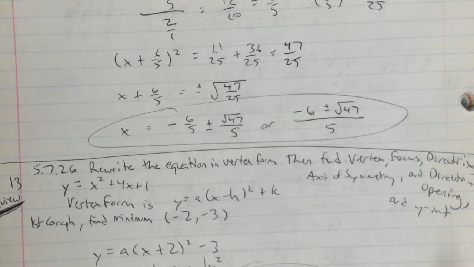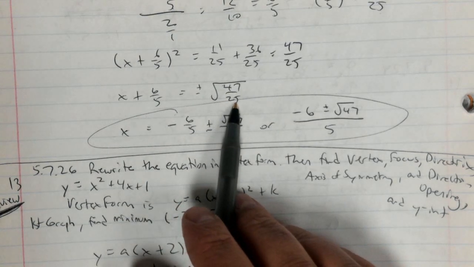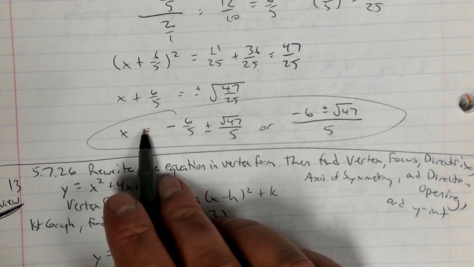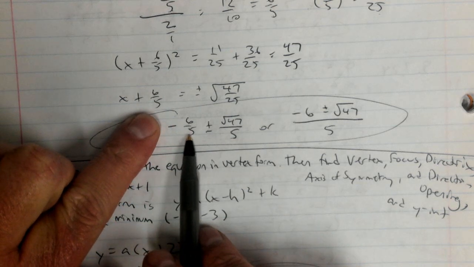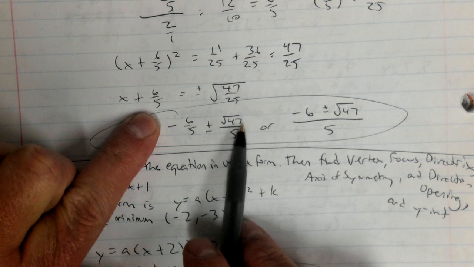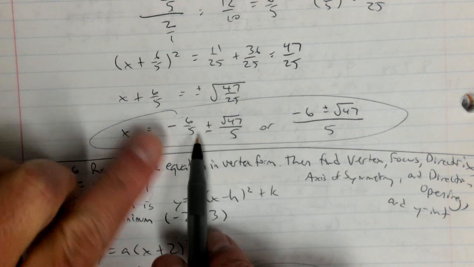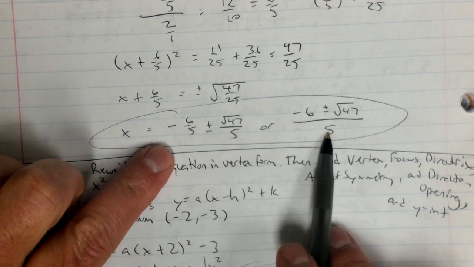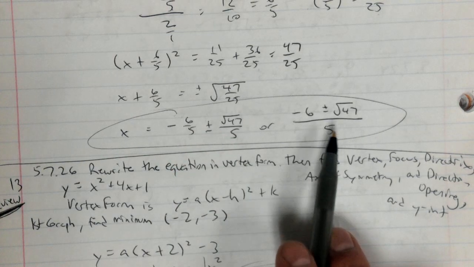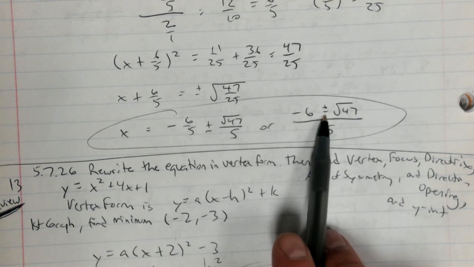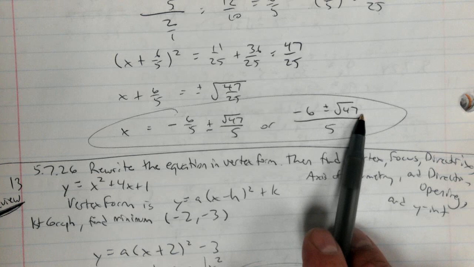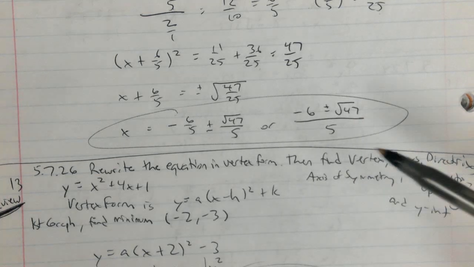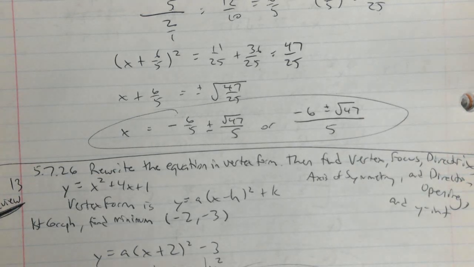So when you take the square root of 25, you get 5, and so you can split it up like this as negative 6/5 plus or minus square root of 47 over 5, or you can group these together like we do sometimes, and you have negative 6 plus or minus square root of 47, all over 5. All right, so those are really good set of problems.